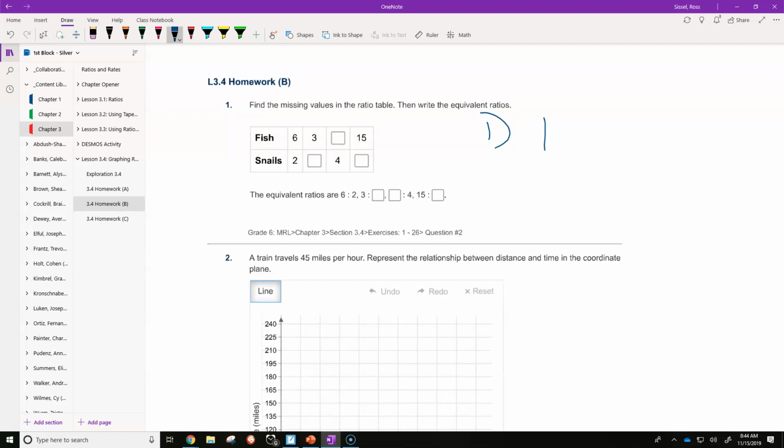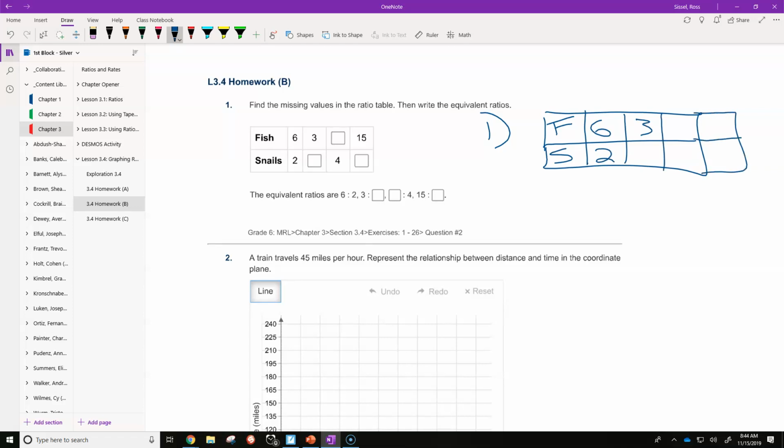You write number 1. You may abbreviate on your table if you want, FS. But you had 6 to 2, you had 3, get a blank, 15. Okay. I need to see on your paper, how did I go from 6 to 3?